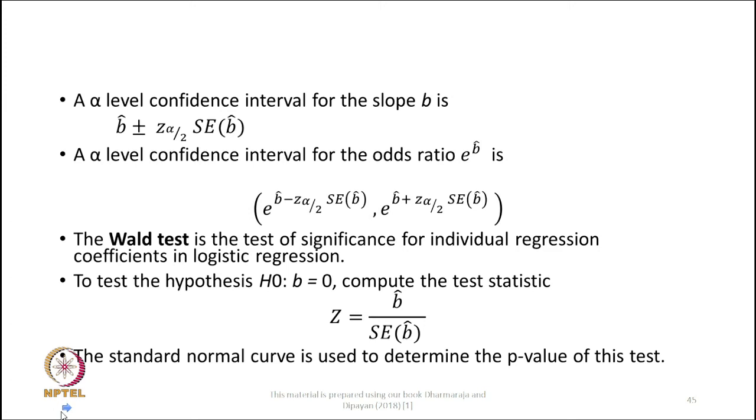One can create the test statistic, B cap divided by the standard error of B cap, which follows a standard normal distribution. So, one can apply all the 5 steps to conclude whether the null hypothesis will be rejected or not based on the sample information and the given level of significance, or you can use the p value also.